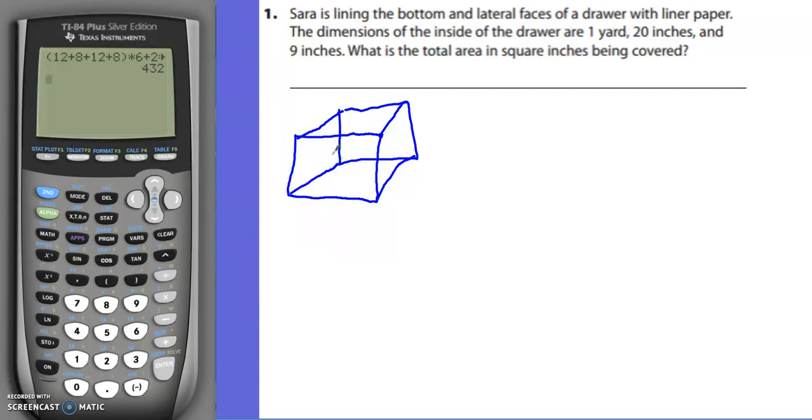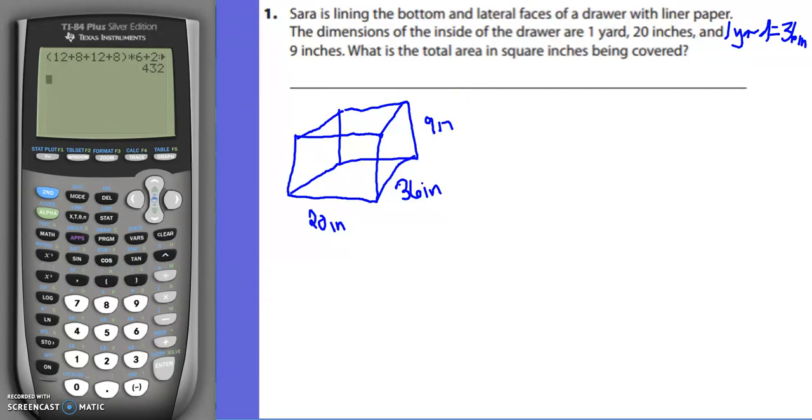So we have 20 inches. We have 1 yard. Now, 1 yard is not in the unit inches, but 1 yard is equal to 36 inches. That's on a yardstick. And the height is 9 inches.